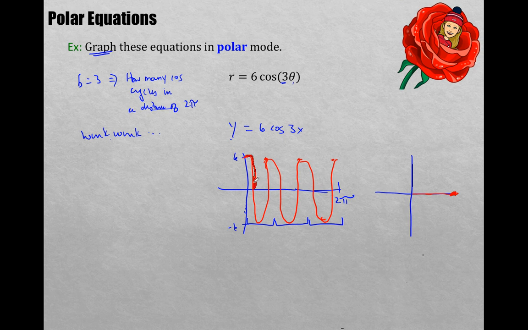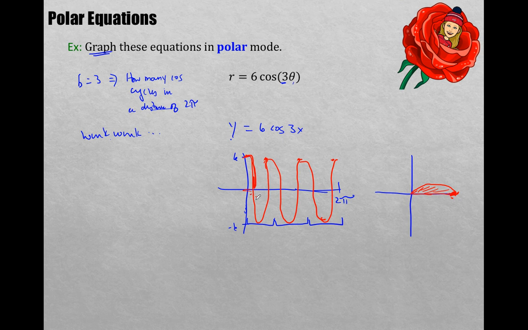I stay positive, but then go to 0. So in polars, my radius is going to shrink to 0. So as I rotate around, my radius is going to go to 0. Right? So radius 6, radius shorter, shorter, shorter, 0.